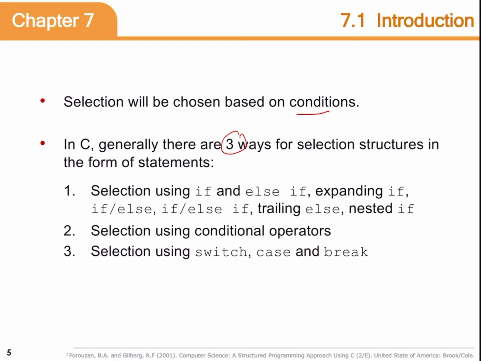Now let's look at the first way, which is selection using if and else if, expanding if else, if, trailing else, and nested if. The second one is selection using conditional operators. And finally, the third one is selection using switch, case, and break.